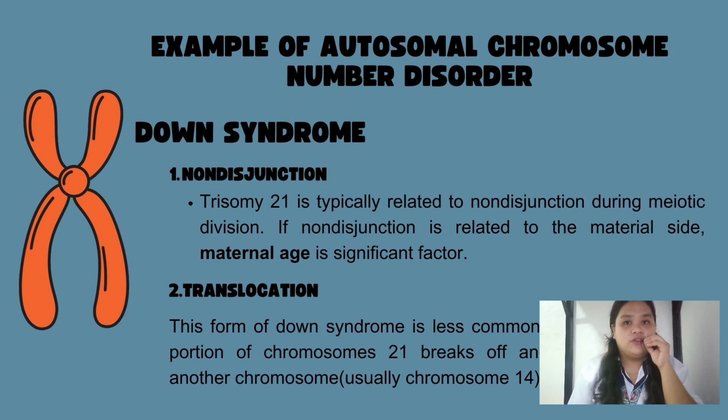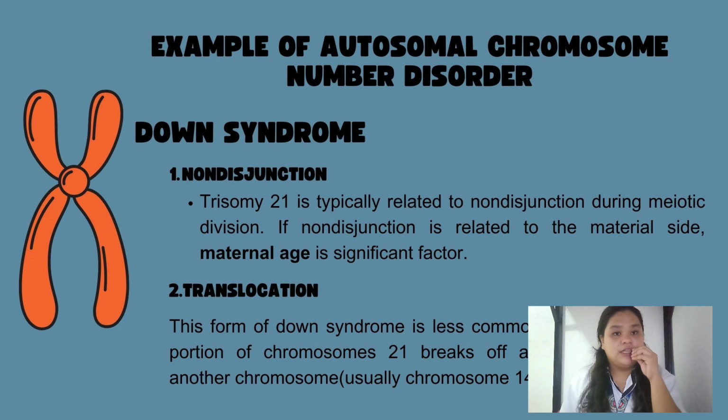Whenever a translocation is found in a child, the parents' chromosomes are looked at to find out whether the translocation was inherited. So, tinetest din yung parents' chromosome nung baby para malaman kung nasa lahi ba talaga or inherited or napapasa ba talaga.